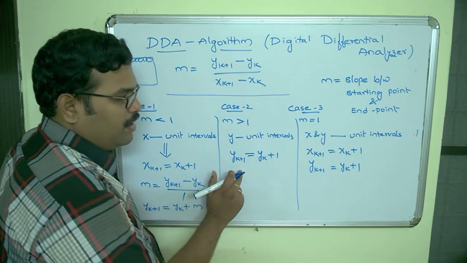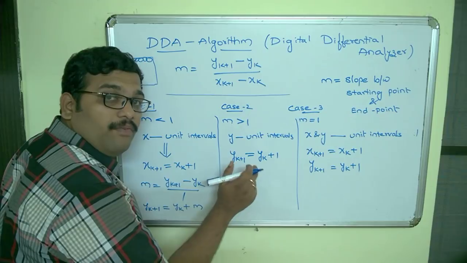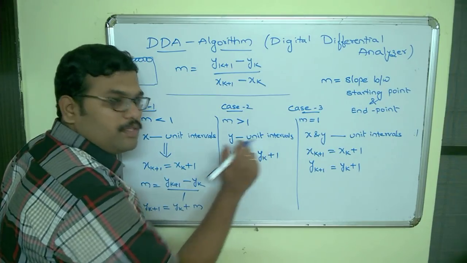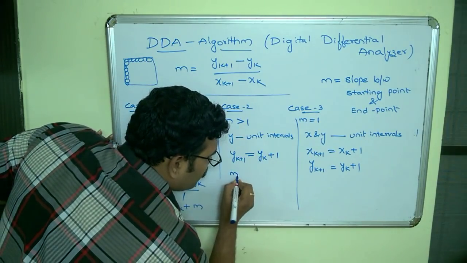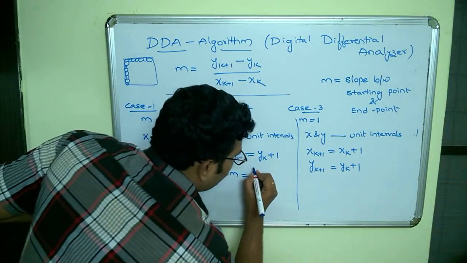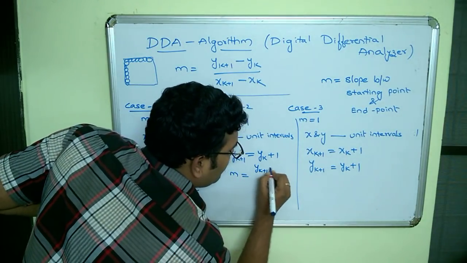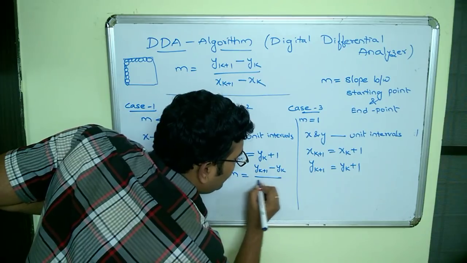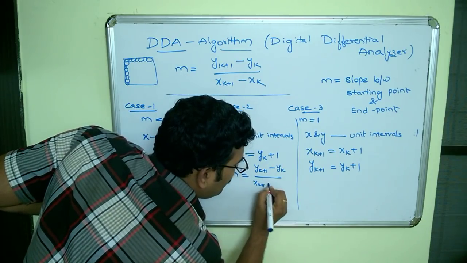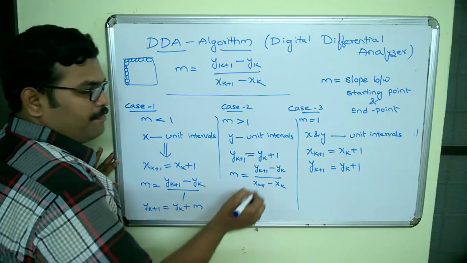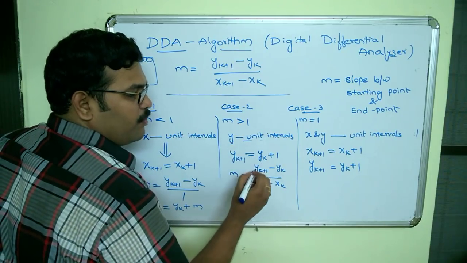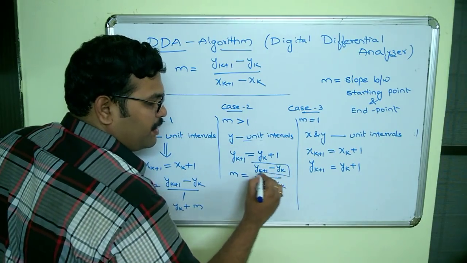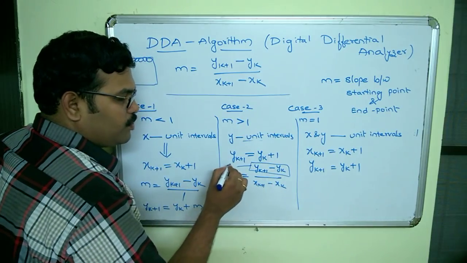Similarly, when the y coordinate is moving in unit intervals, let us calculate the x coordinate. We have yk plus 1 minus yk by xk plus 1 minus xk. Here y moves in unit intervals, so the numerator becomes 1.